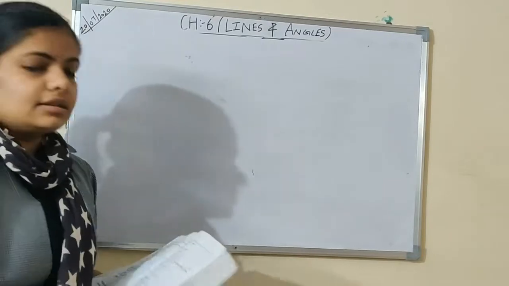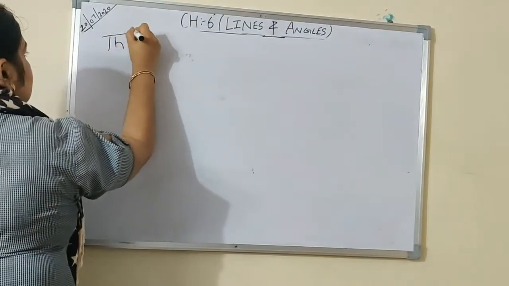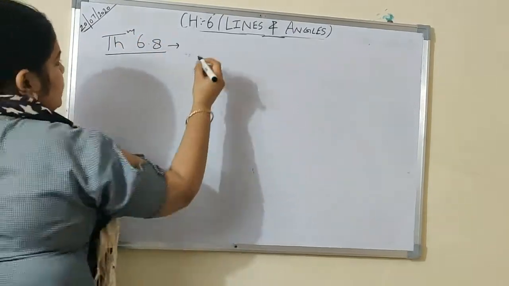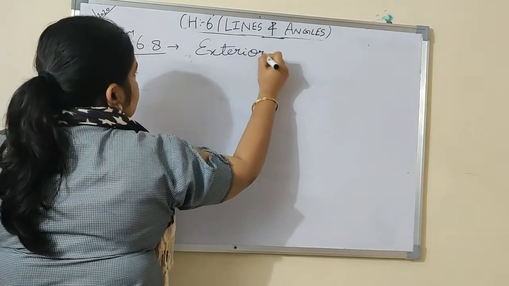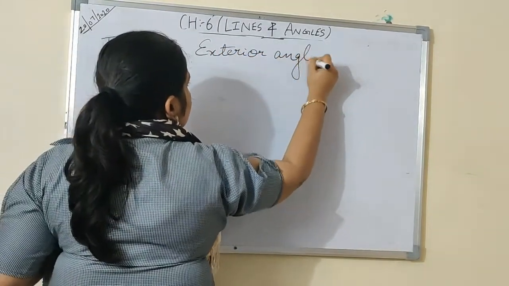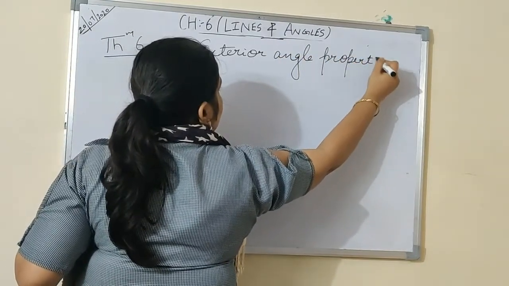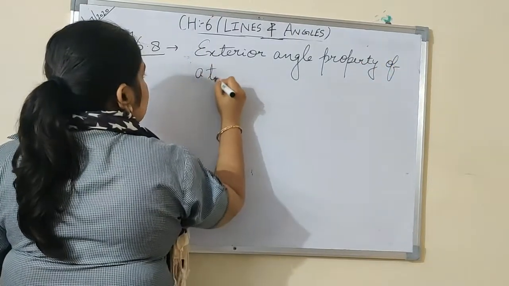Now next is theorem 6.8. The name of this theorem we can give as exterior angle property of a triangle.